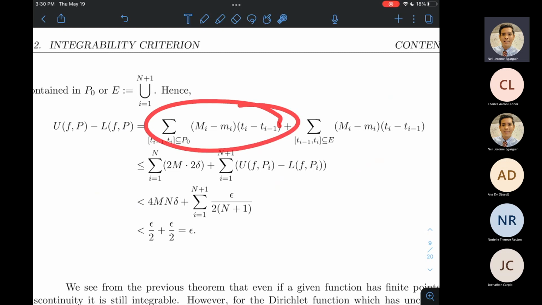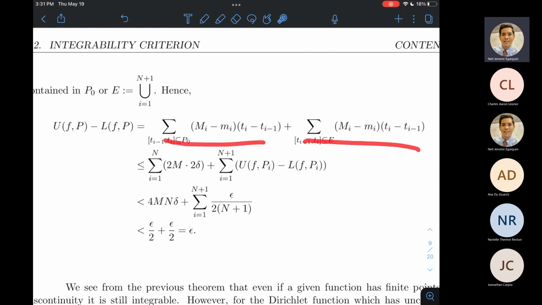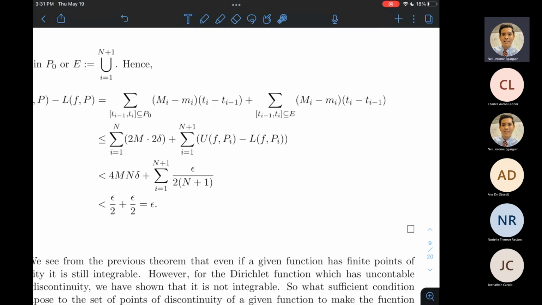Yung upper minus lower Riemann sum mula dun sa dilaw na interval plus yung upper minus lower sum na nanggagaling naman dun sa pink na subintervals. Okay? So, ko-compute natin sila na magkahiwalay, tas saka tayo magkakaroon ng unity. Mapapakita natin na less than epsilon yung sum ng mga yan. Alright? So, paano? Umpisa natin dun sa second term.